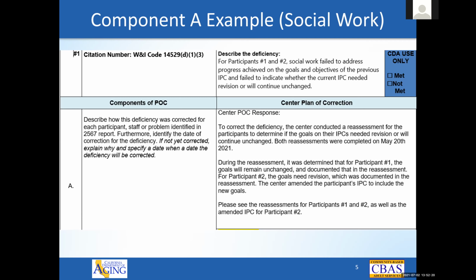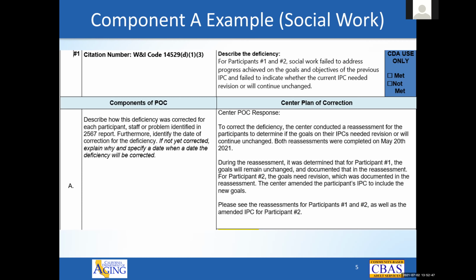During the reassessment, it was determined that for participant number 1, the goals will remain unchanged and documented in the reassessment. For participant number 2, the goals needed revision, which was documented in the reassessment. The center amended the participants' IPC to include the new goals. Please see the reassessments for participants number 1 and number 2, as well as the amended IPC for participant number 2.